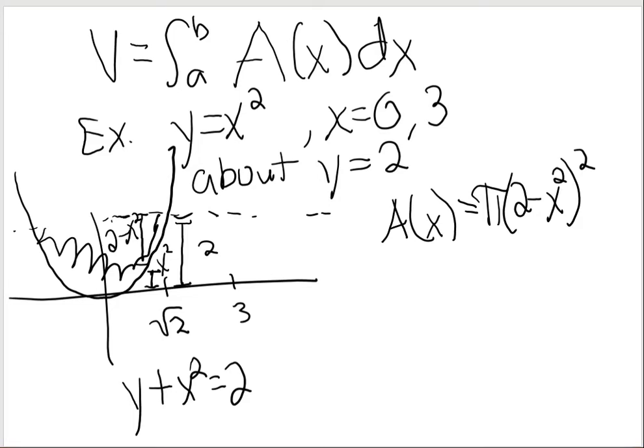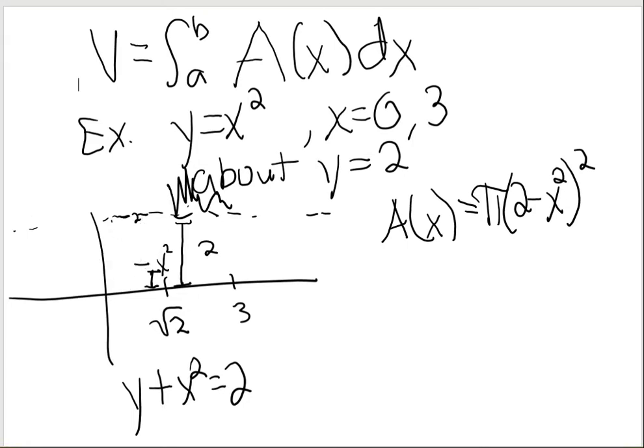Okay, so that's fine. What about over here? We have all this area. Is it going to be the same or different? Well, the way we could approach this is, and let's erase some of this just to clean it up a little bit.